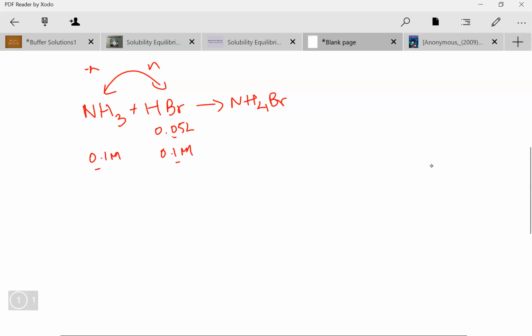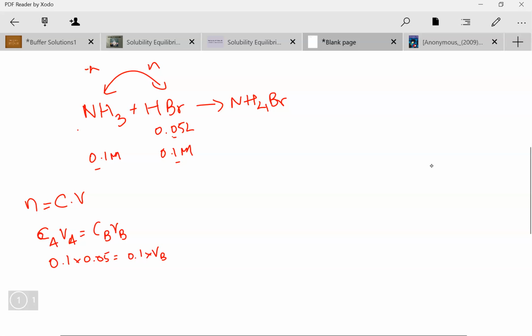C1V1 equals C2V2, because number of moles is concentration times volume. So if the number of moles are equal, concentration times volume of both of these are equal, right? So concentration of acid times volume of acid equals concentration of base times volume of base. 0.1 times 0.05 equals 0.1 times volume of base, which we have to find.